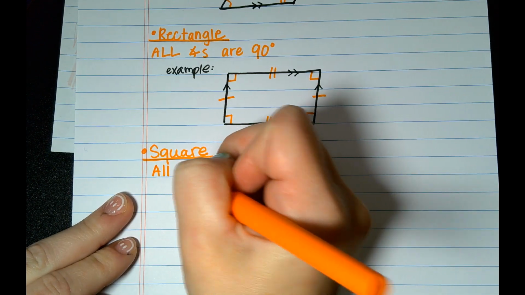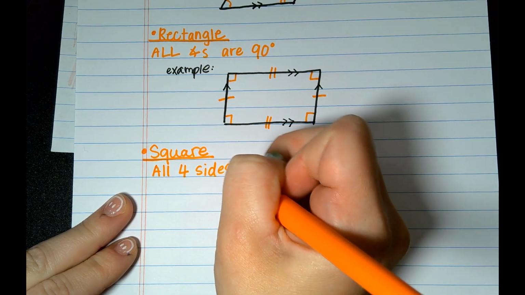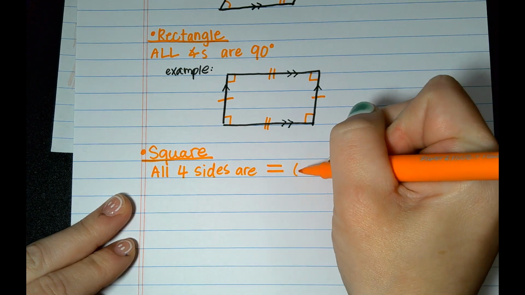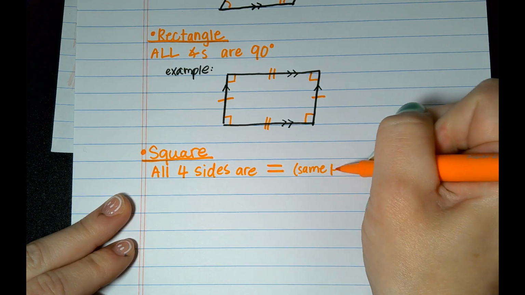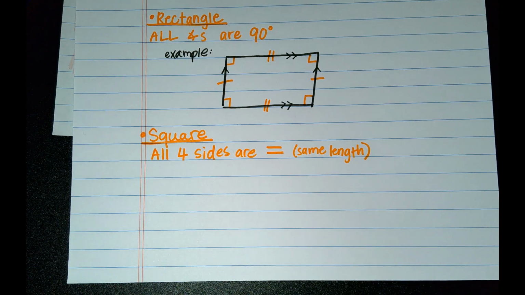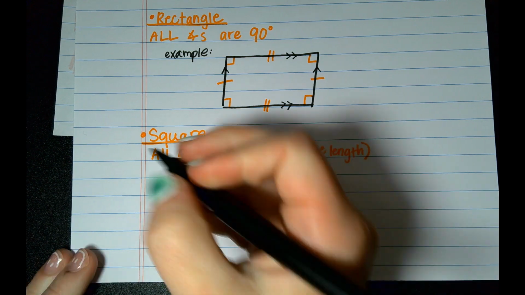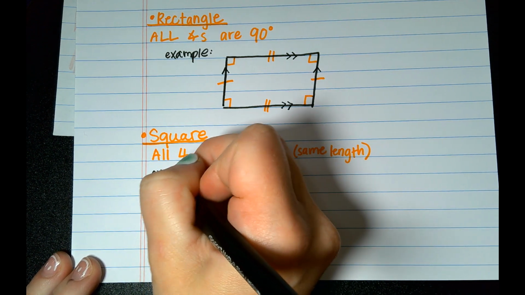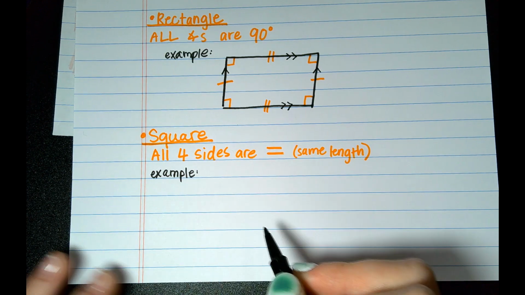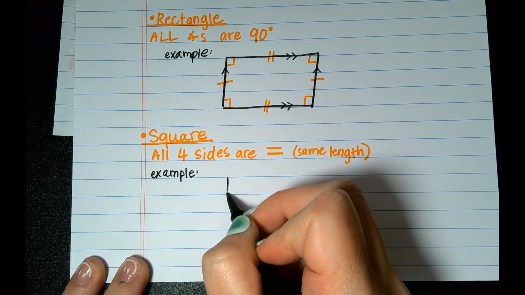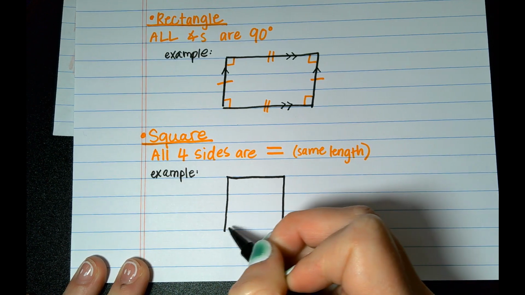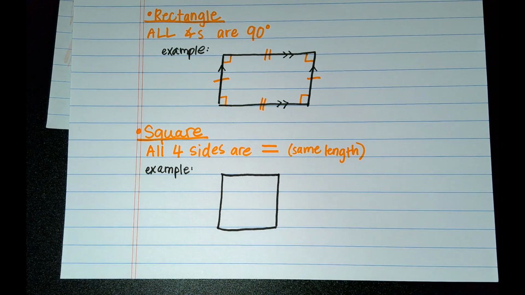All 4 sides are equal. Same length. So, an example of a square would be, I'm going to try to draw it as equal as I can, like that.